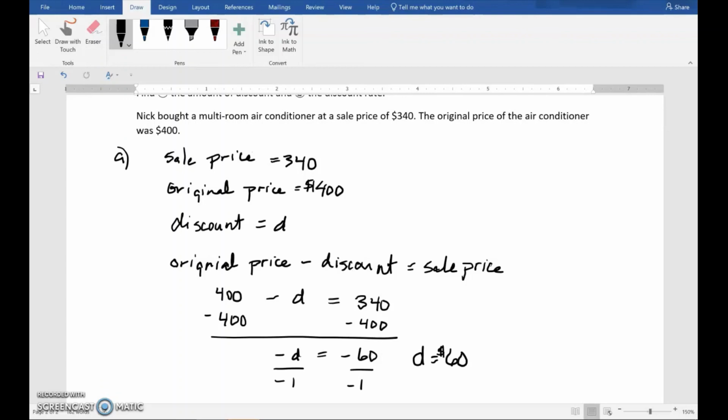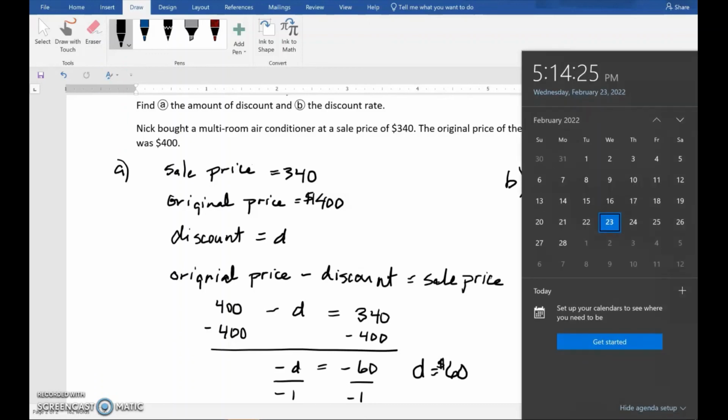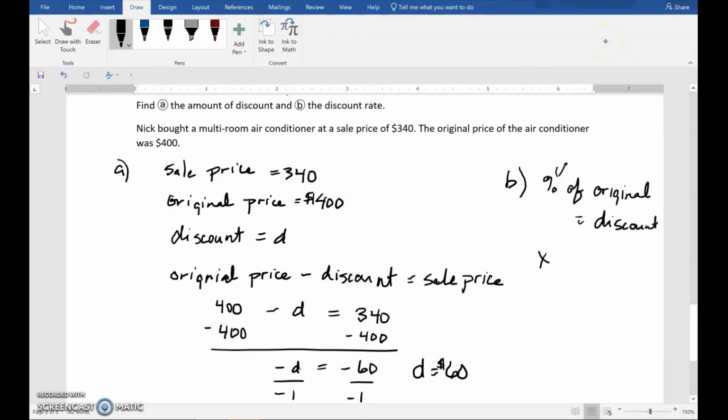Part B of this says, what's the discount rate? So in this case, we're doing percent of the original equals discount. So we don't know what that percent is. I'm going to leave it as X. So that's going to be my X times my original, $400.